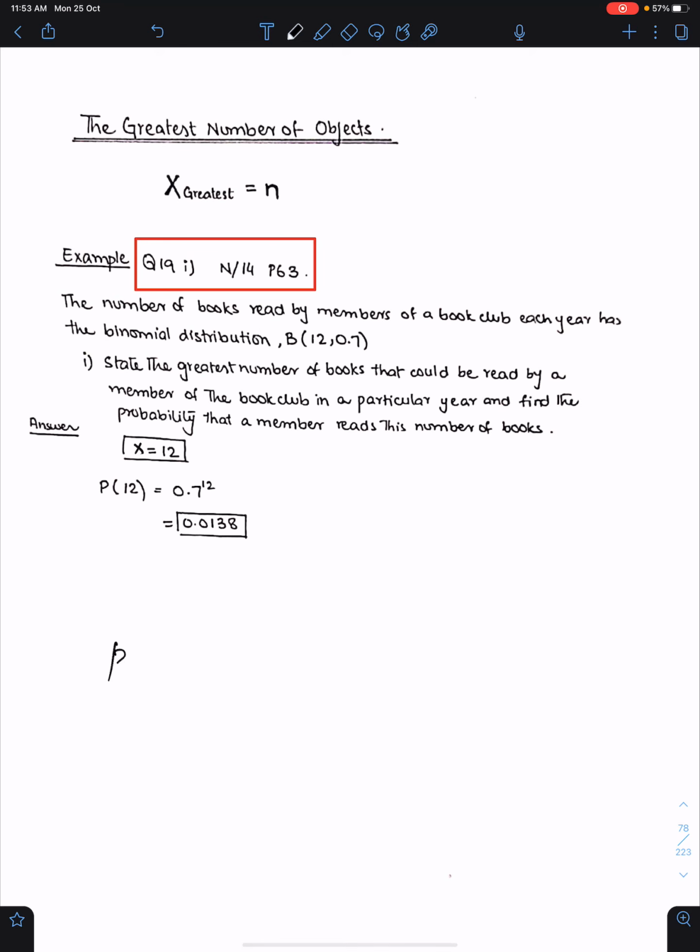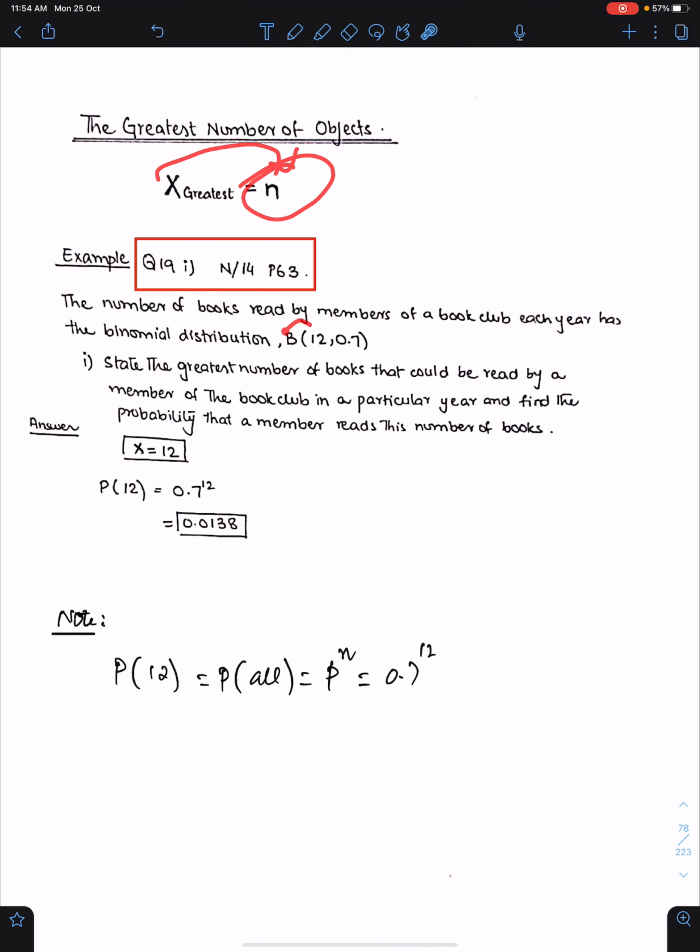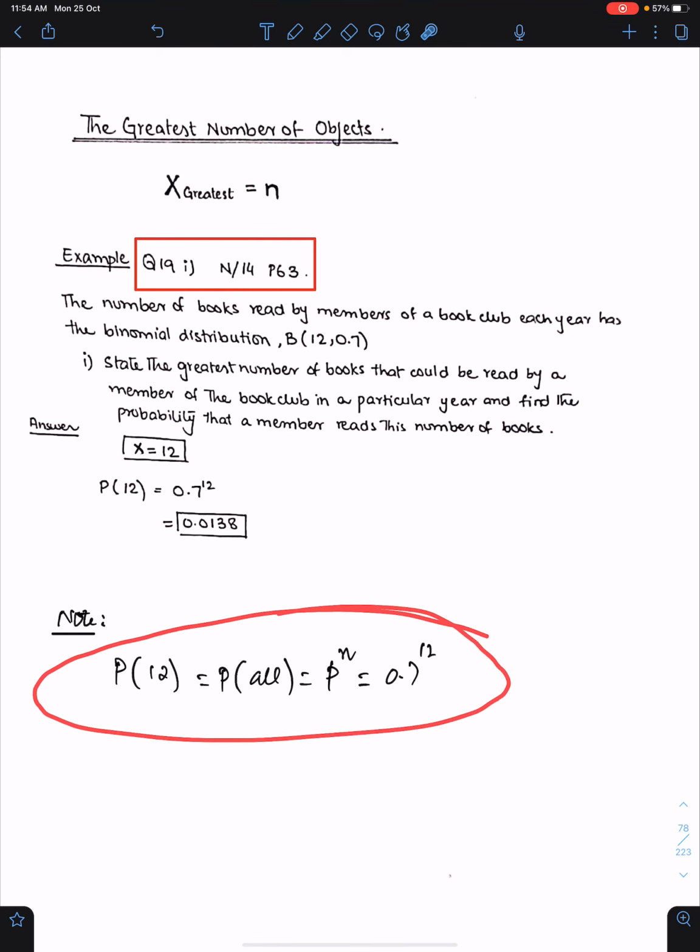Let me explain this here. 12 means probability all, and all means p to the power n, where p is 0.7 and n is 12. So to find the greatest number of books, always state n. X is n, in this case 12, and this is the way to find the probability.